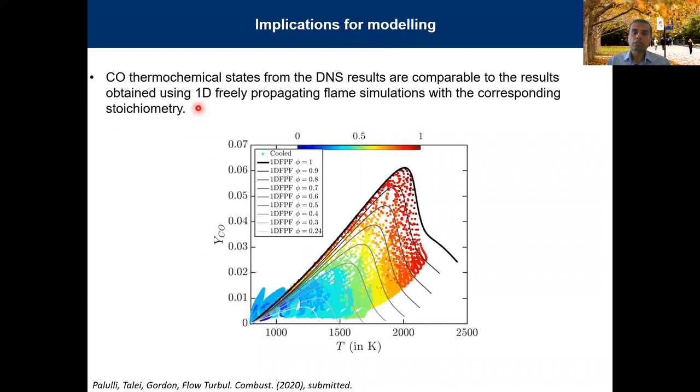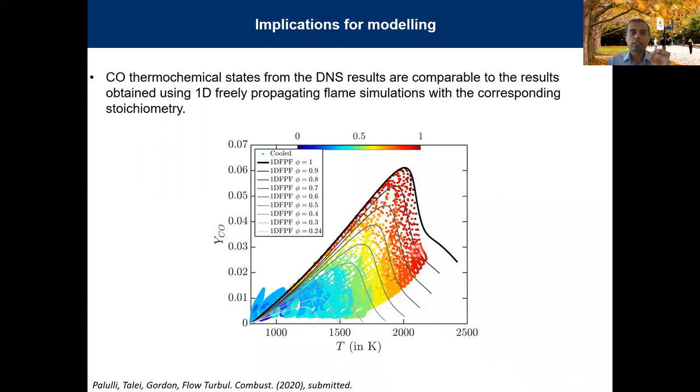The other part of the findings, which was interesting for modeling, was that if we look at CO mass fraction as a function of temperature in a region close to the wall, we get a scatter plot like this, all right? And what we did was to color the scatter plot with local equivalence ratio.